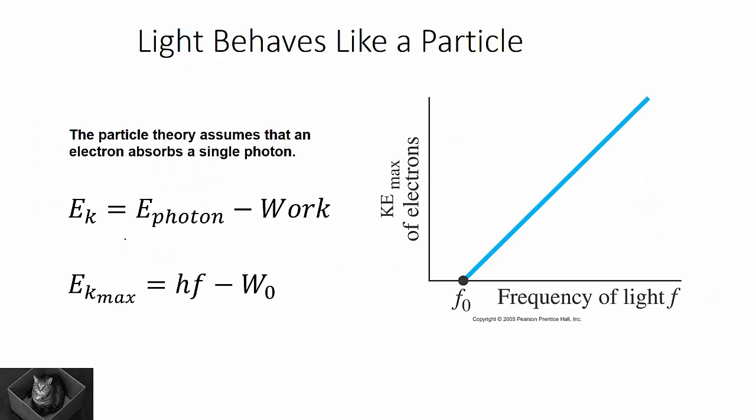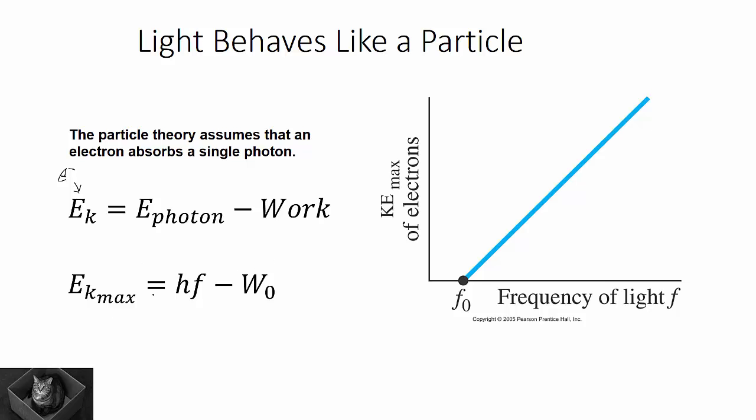Another way to look at the photoelectric effect is the kinetic energy that the electrons are going to have. So this is the electron's kinetic energy. That's going to equal the energy of the photon that knocked that electron off, minus the work done to yank it out of the metal, because it's bound to that metal with electrostatic force. So it takes some work to pull it off.